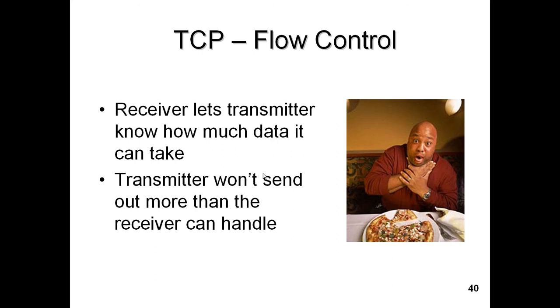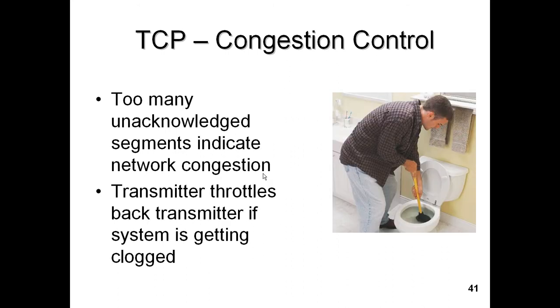So as it's sending back the receipts, it's also sending back, let's call it a report about how many packets it's received, how many more it can take, hey, speed up, hey, slow down. So we've got flow control when we have TCP communication. Another thing we get is congestion control. If we have too many unacknowledged segments or data packets, then the transmitter is going to slow down. It's going to throttle back and say, okay, well, I'm going to wait until I get some receipts here before I start sending more data. So we get congestion control as well.